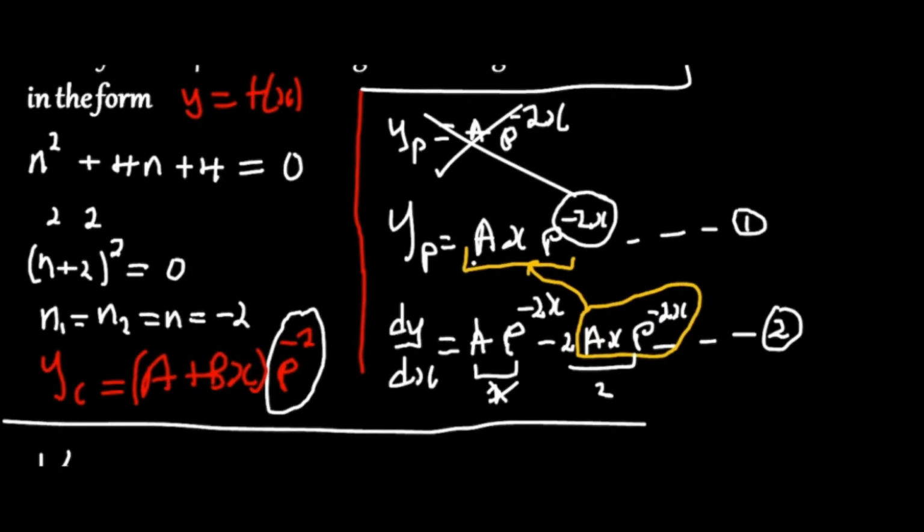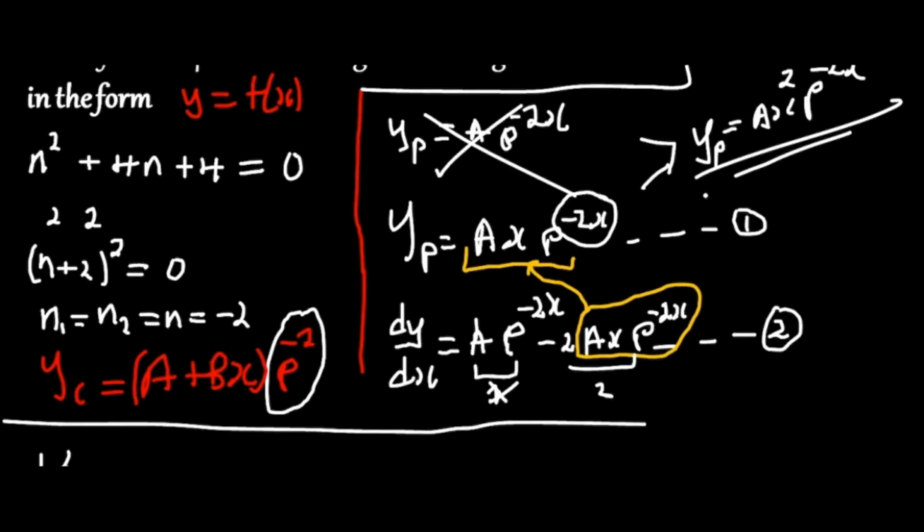Now we've taken y particular to be ax e to the minus 2x, and it's cancelling out, showing that even ax e to the minus 2x will not give us the solution. Therefore, we're going to step ahead by taking our y particular to instead be ax squared e to the minus 2x. So basically this is what we're going to be dealing with from now.